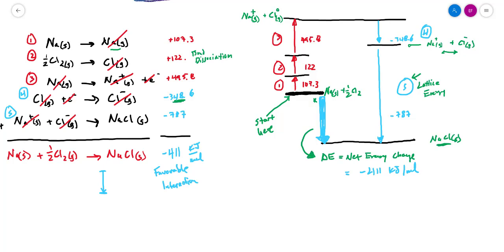The reason we have it, and the reason we eat it, and the reason it's so stable is because it's way more stable by about 411 kilojoules per mole than the original atoms or elements themselves. And so the Born-Haber cycle, this whole thing that we just walked through, is a Born-Haber cycle, which is just an accounting mechanism to keep track of all the energies of all the steps to ultimately think about the formation of this ionic bond.